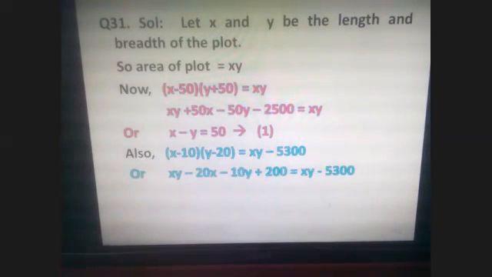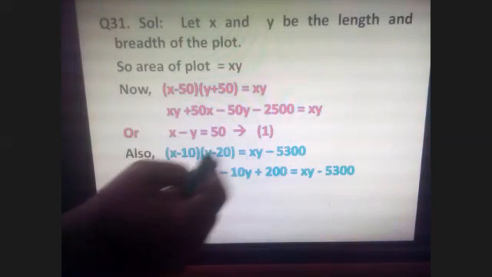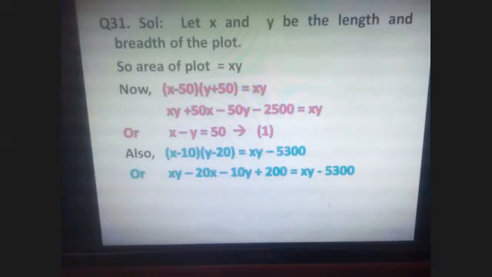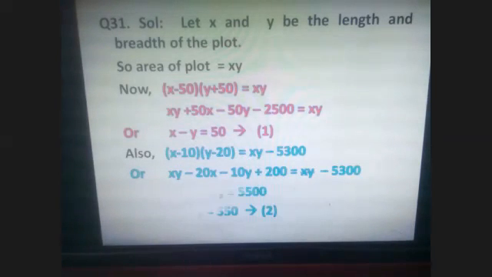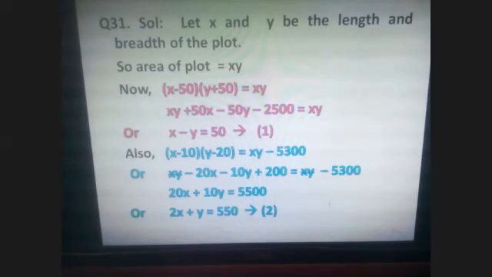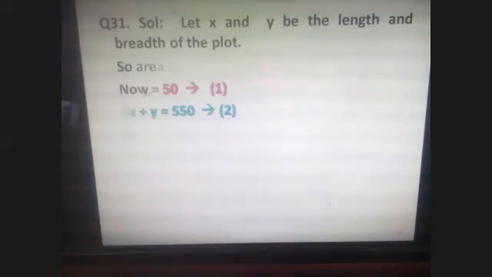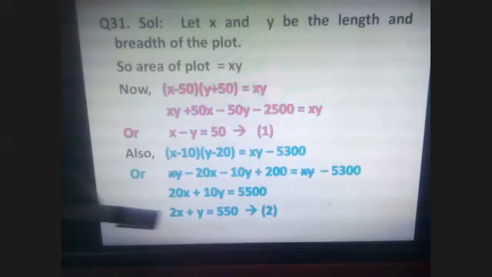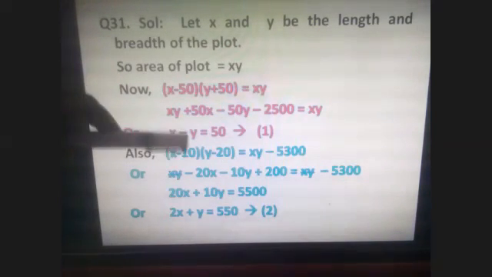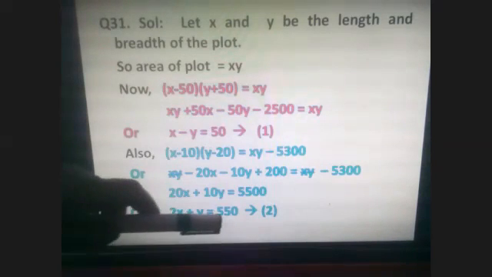If you simplify, xy cancels and you can cancel 10, you get 2x plus y equal to 550. We have two equations. What are they? x minus y equal to 50 and 2x plus y equal to 550.